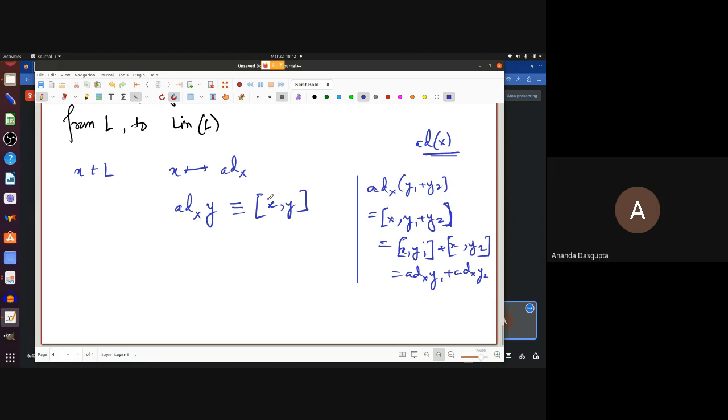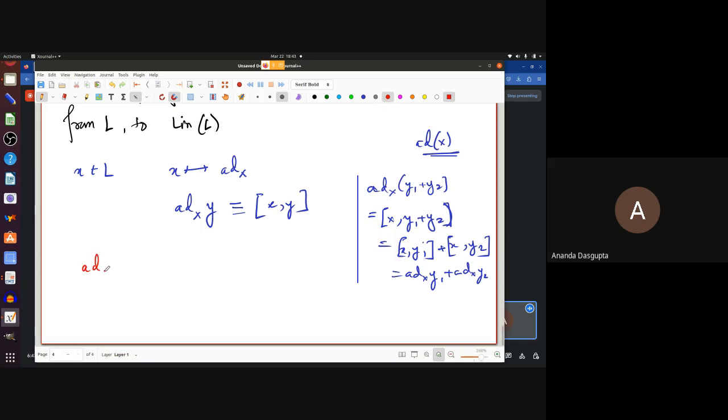But remember, we are not looking at any linear map acting on the Lie algebra. We are looking for a representation, which means it's something which should respect the operation of the Lie bracket itself. That is, what was the Lie bracket for L must come out as a commutator in the representation.